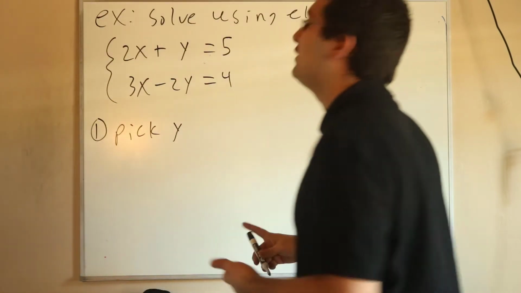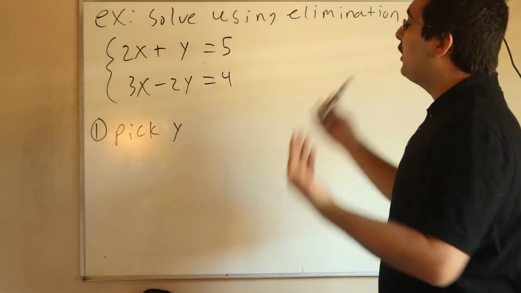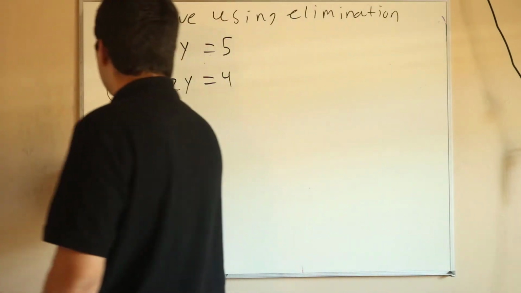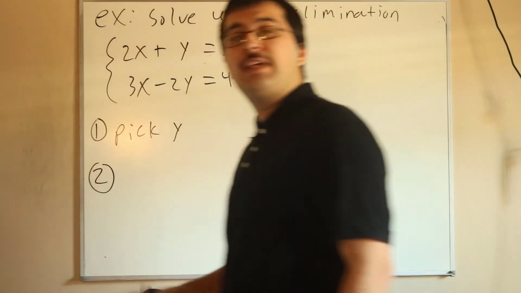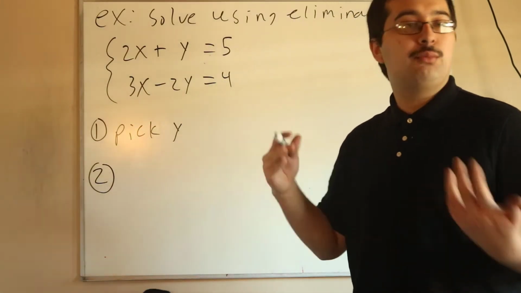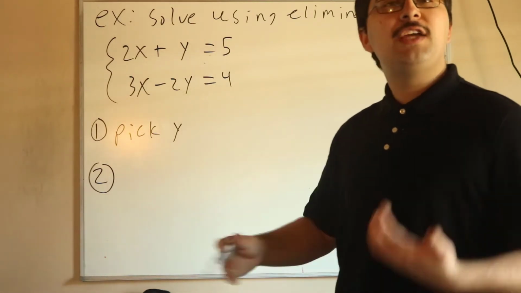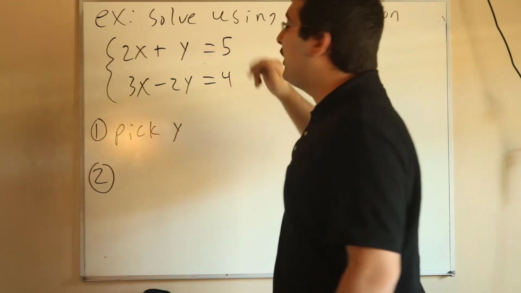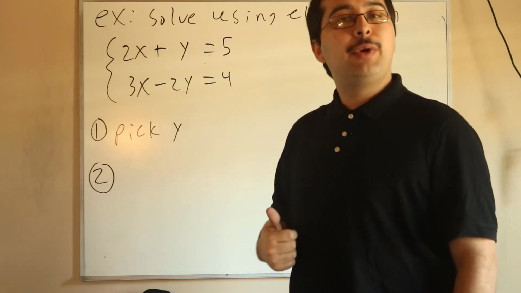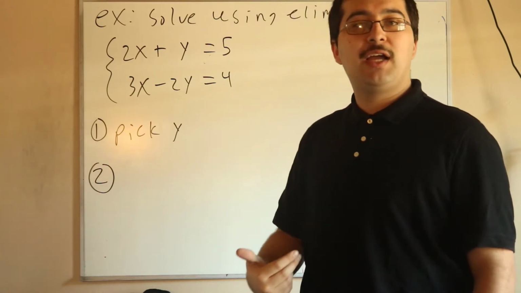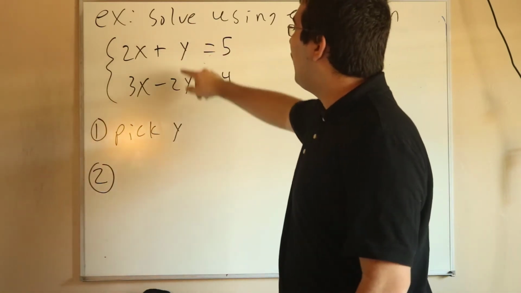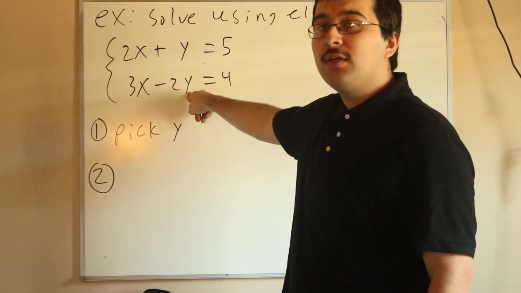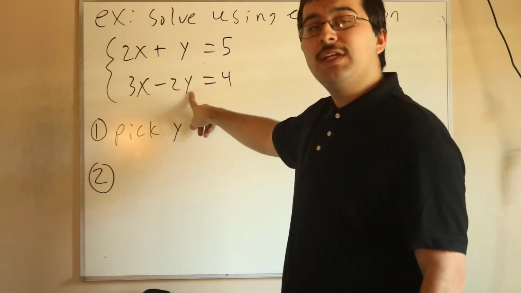Alright, so why is that the variable I chose? Well, looking at step 2, what was step 2? Step 2 said alter your equations through multiplication or division in a way so that the variables in both equations differ only by a sign. In other words, I have y and minus 2y here, so I want these to differ by only a sign.